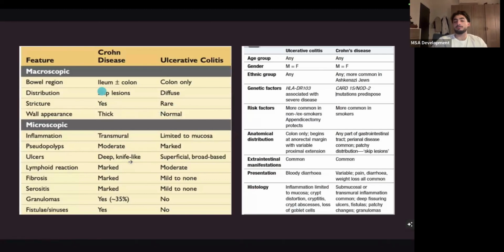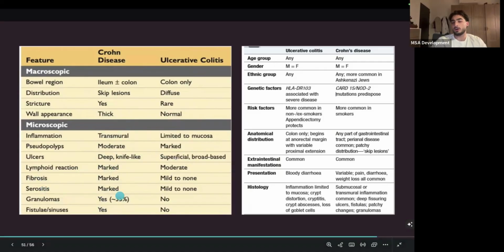So again, a few more summaries for you guys. The microscopic inflammation is transmural in Crohn's disease, and it's limited to the mucosa in ulcerative colitis. You can get fibrosis, serositis, granulomas, and fistulas, whereas they're all pretty moderate or none at all in ulcerative colitis.